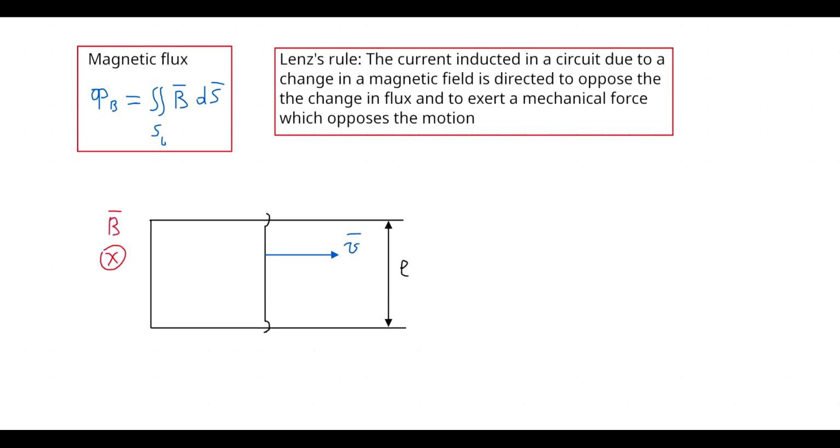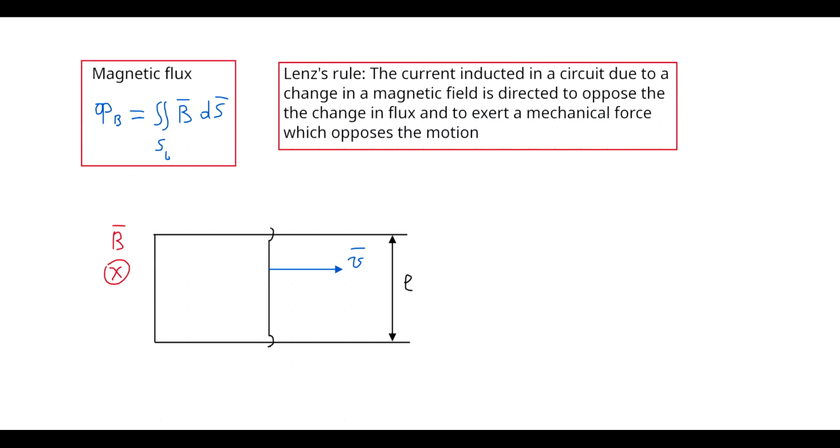Okay, and why does inductive current occur in this situation? It will occur because magnetic flux will change, and the magnetic flux will change because of increase of area of the frame.